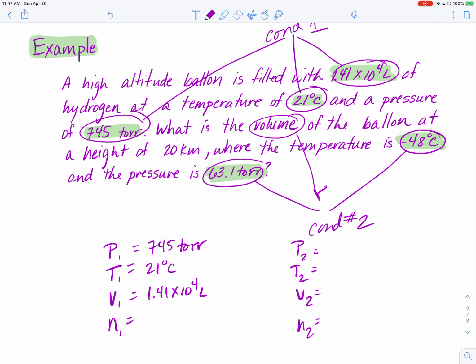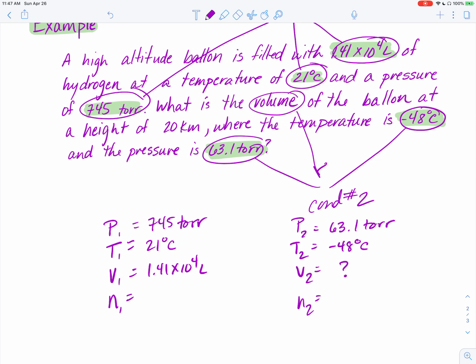We'll come back to that in a second. Pressure 2 is 63.1 torr. Temperature 2, negative 48 degrees C. And the volume is what we're going to try to determine. Again, the number of moles was not discussed.